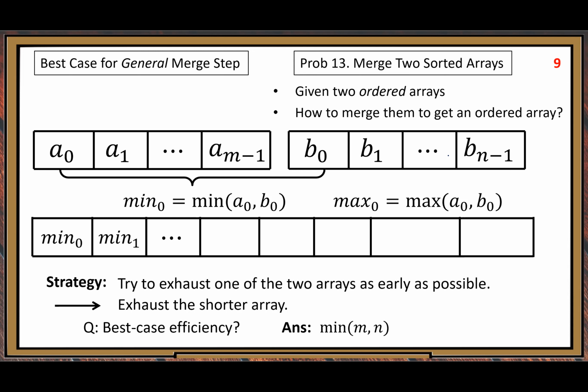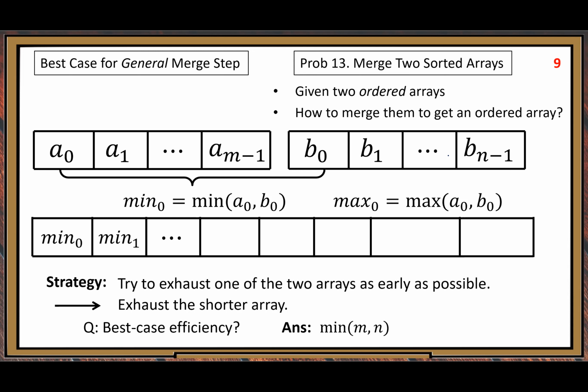All right. But here I may like to make some comments. Some student asked me a question. Based on the standard merge sort, we compare A0 and B0 first. That's the standard merge sort.